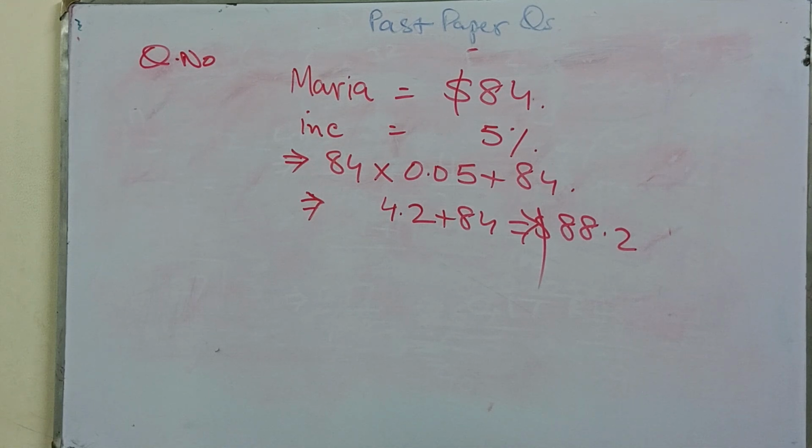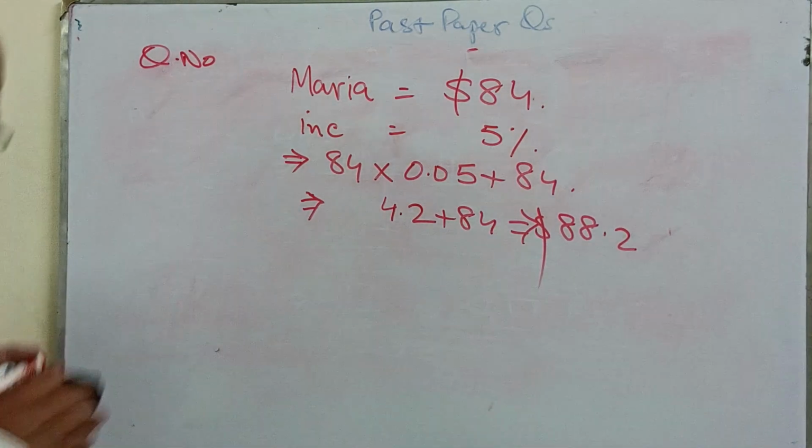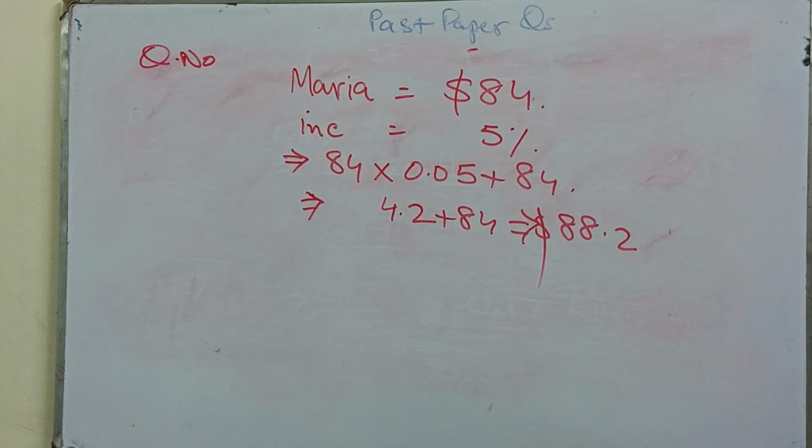So question number 8. He borrowed $4,500 from a bank at the rate of 5% per year compound interest. Okay, now compound interest has come. So I have to clean this thing from here.